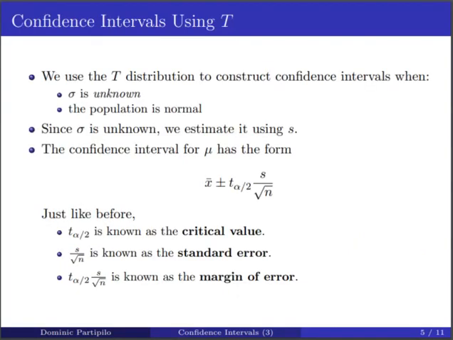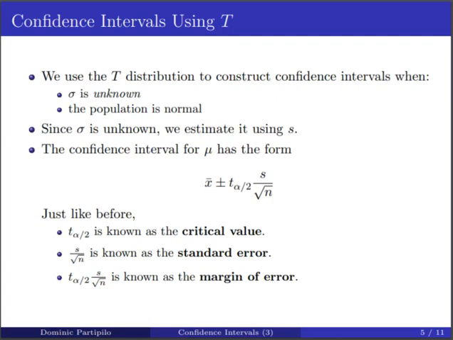So now, how do we use the t-distribution to construct confidence intervals? So remember, we started talking about the t-distribution because we wanted a way to handle the situation for when sigma, the population standard deviation, is unknown. But as we saw from the image, it looks like the t-distribution is also really handy when we're trying to handle smaller sample sizes.